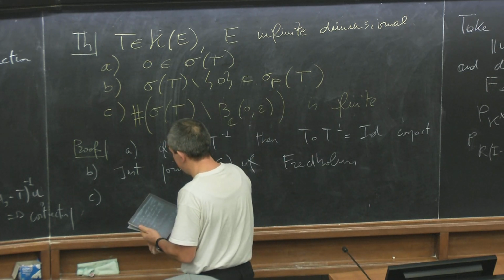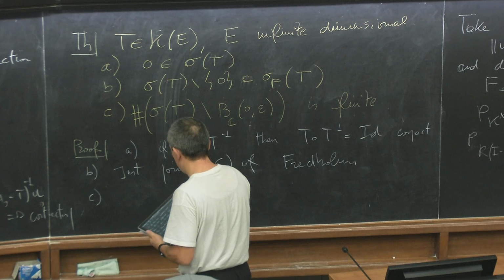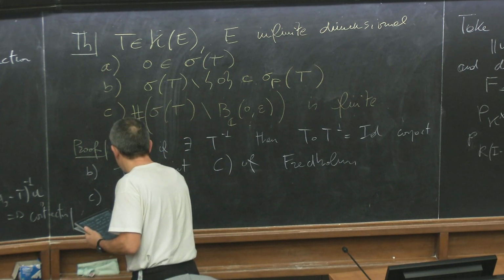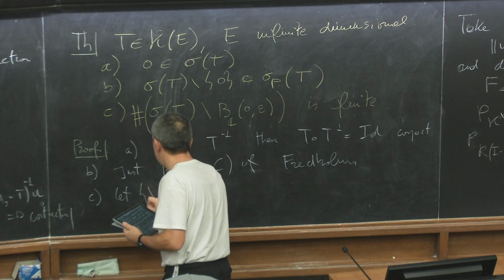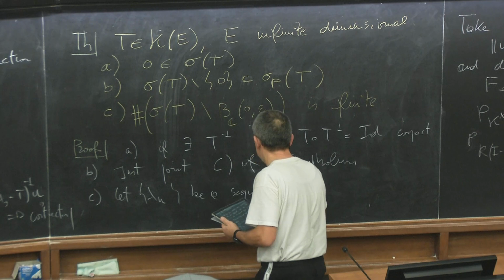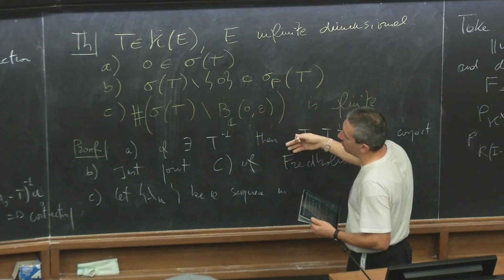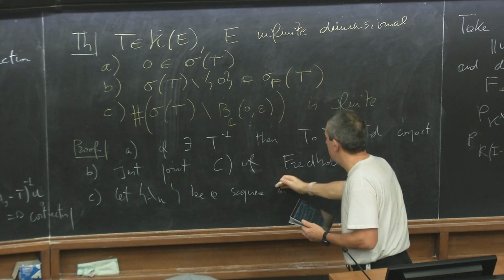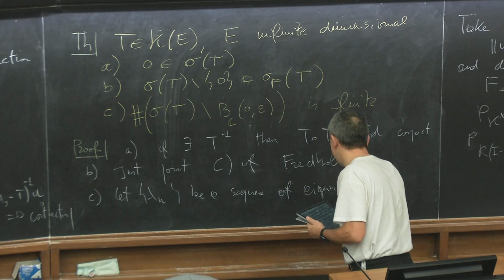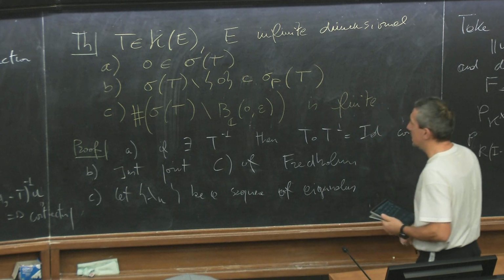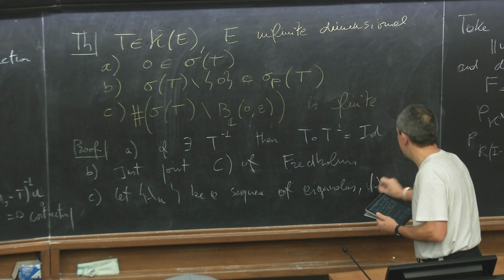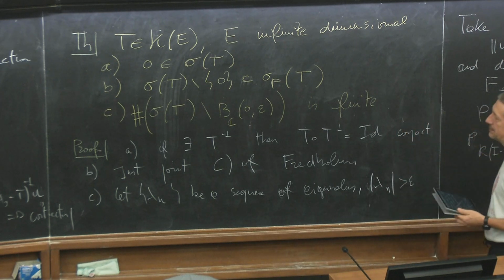So assume let lambda n be a sequence of, now we know that it's only point spectrum, so it is of eigenvectors, eigenvalues for lambda n larger than epsilon.